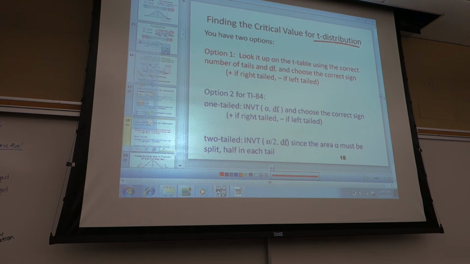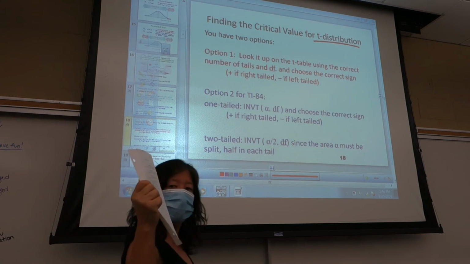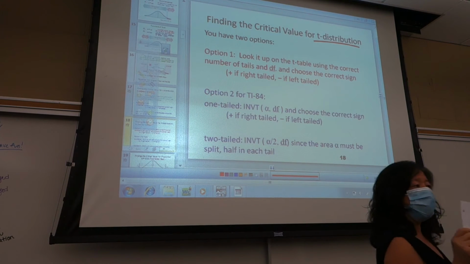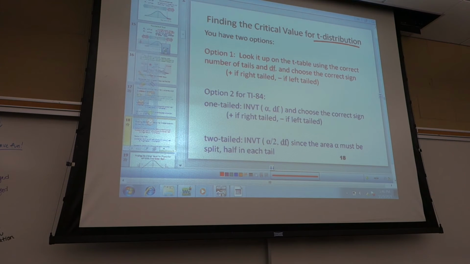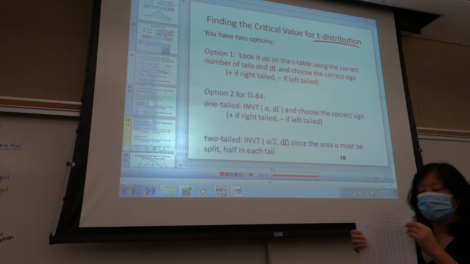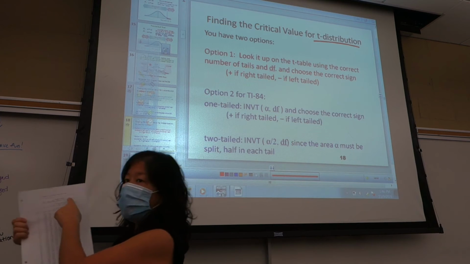So here's the deal with our t table. Pull out your t table, take a look at it, and you'll see the top row. Good. The top row says confidence interval.